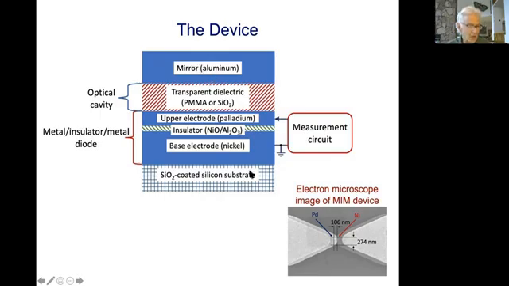And in this way, we're making our devices, and our measurement circuit probes current flowing between the base electrode and the upper electrode. This is a scanning electron microscope image of our device. They're very small. They're about 1/10 of a micron on one side and a little over 2/10 of a micron on the other side.